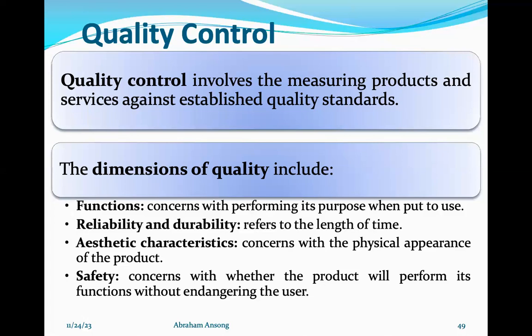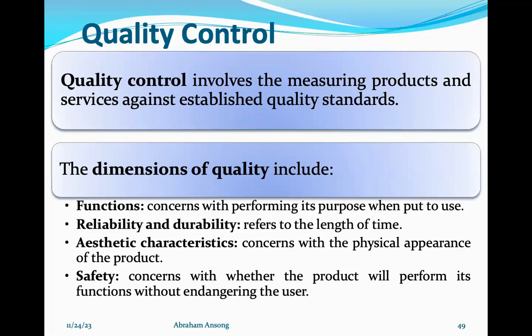But if a customer handles the mobile phone well, there should be some reasonable period that the mobile phone should be able to perform its functions or stay relevant to the buyer of that mobile phone. So that is the idea of reliability and durability.